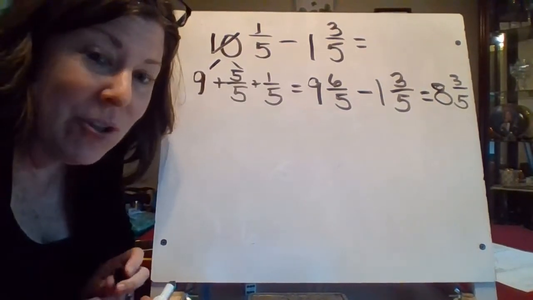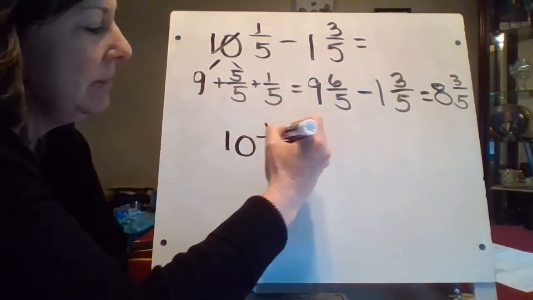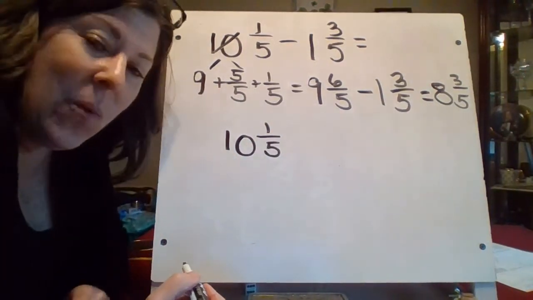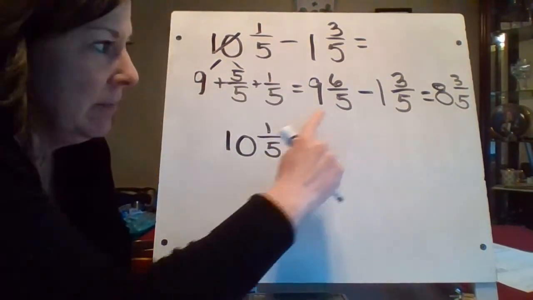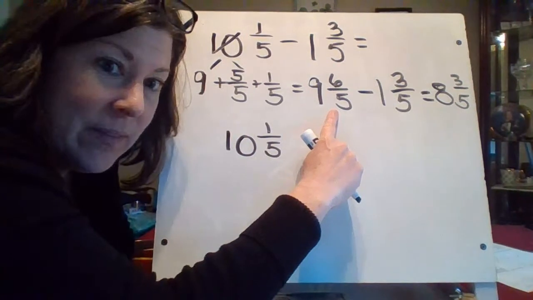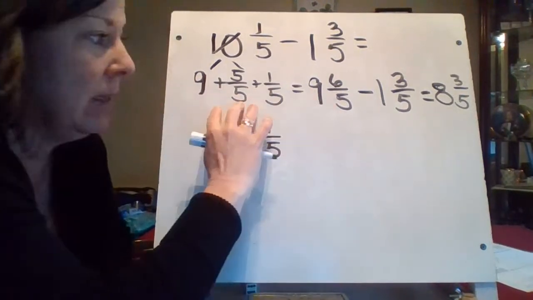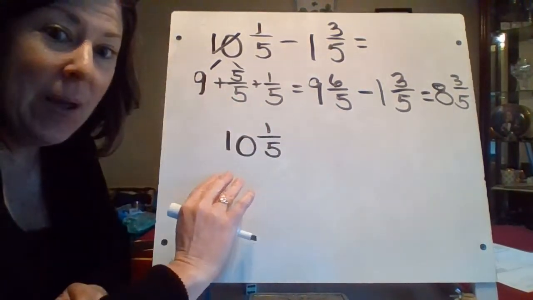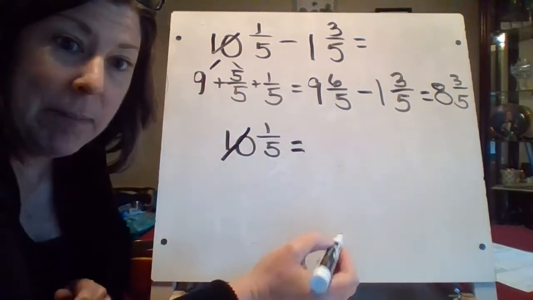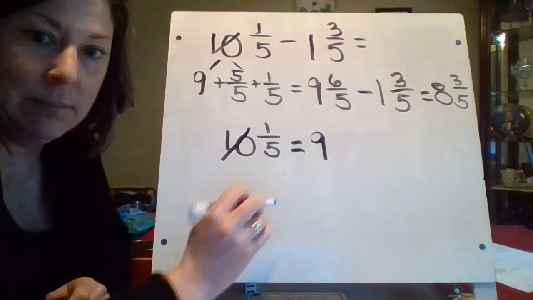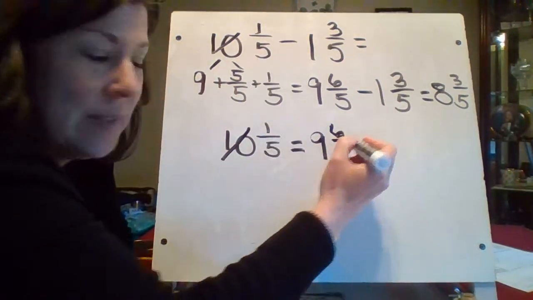Now, I'm going to show you another little shortcut. When I take this 10 and 1/5, I'm going to show you a shortcut to get to here a little bit faster. If you don't understand the shortcut, or have some difficulty with it, then stick with this. But what I can do is just cross out the 10, make it a 9. 5 plus 1 is 6/5.